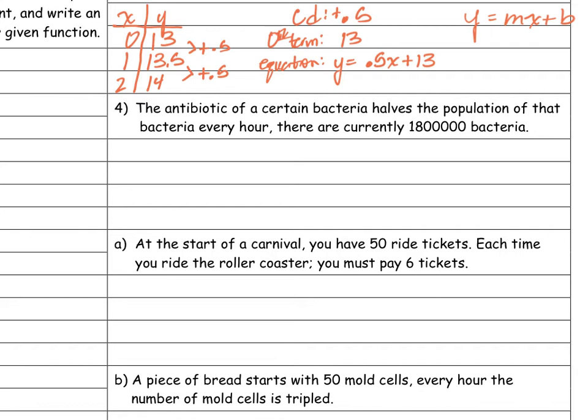So the antibiotic of a certain bacteria halves the population of that bacteria every hour. There are currently, I think it's 1,800,000 bacteria. Okay, so if I make my table, and I have X and I have Y, X is my number of hours, and Y is the number of bacteria that there is.